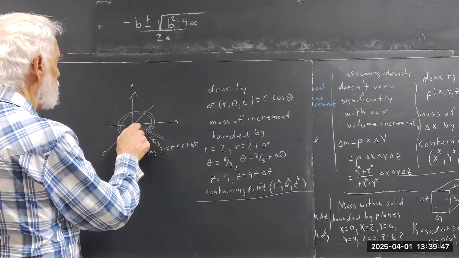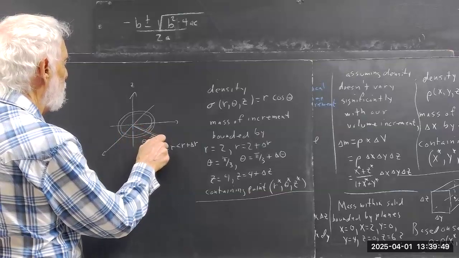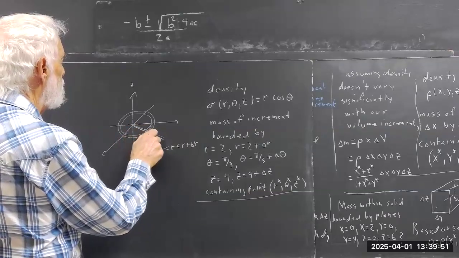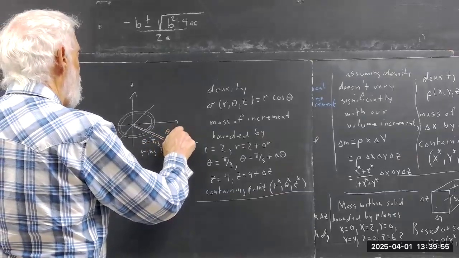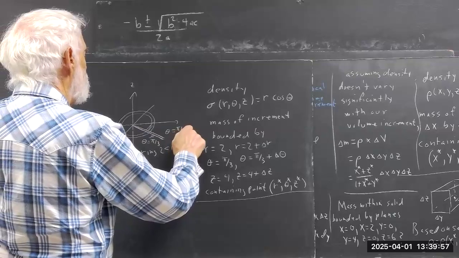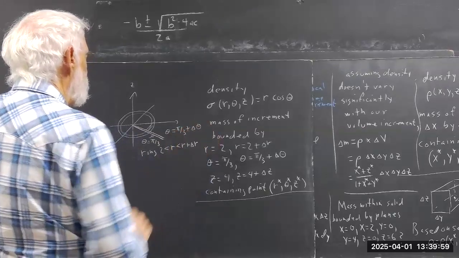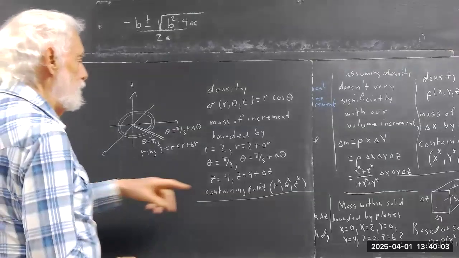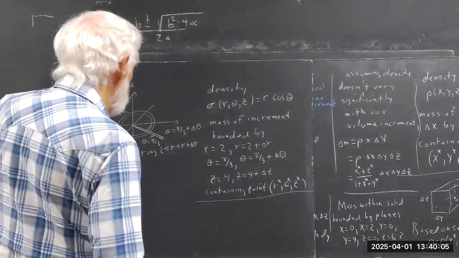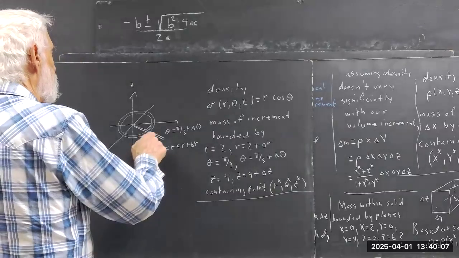These things look almost parallel, but get wider. Okay. And then z between 4 and 4 plus delta z.